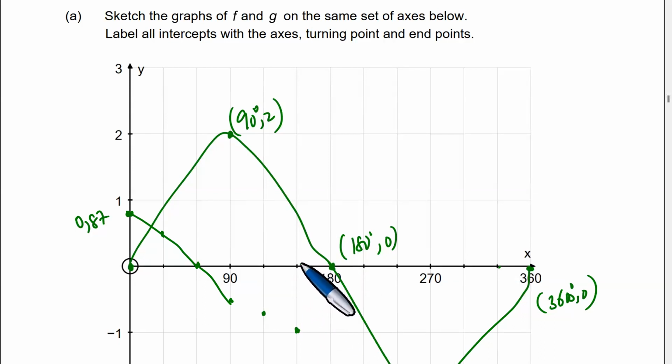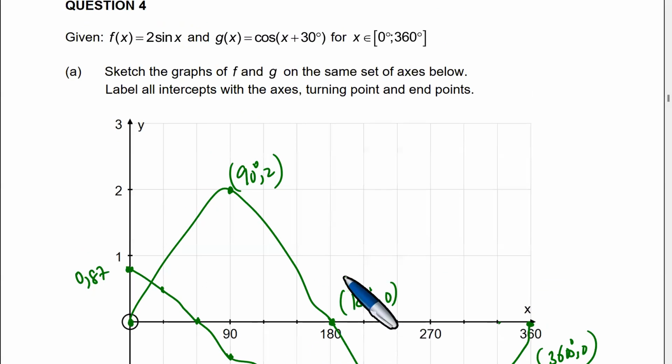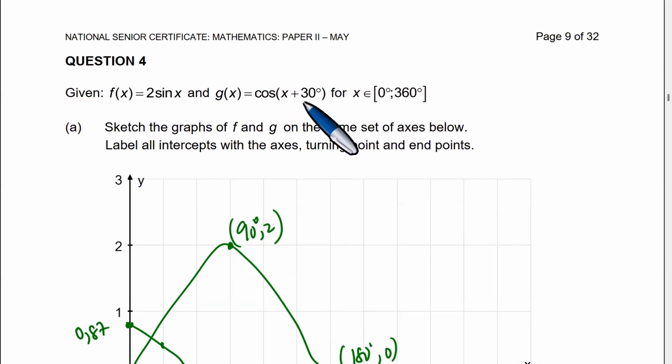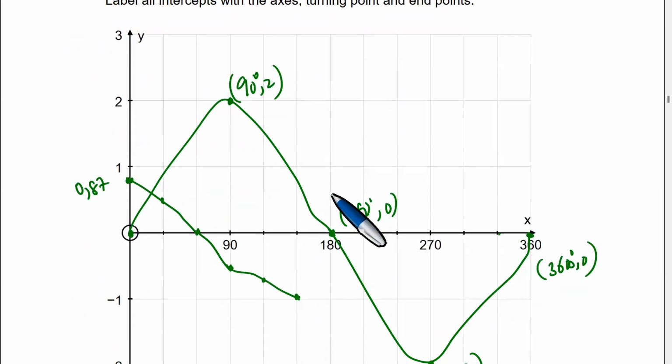At 150, the function is x plus 30, so 150 plus 30 is 180. Cosine 180 is the easiest, it's minus 1, a whole number. Very good. So at 150 degrees it is going to be minus 1.